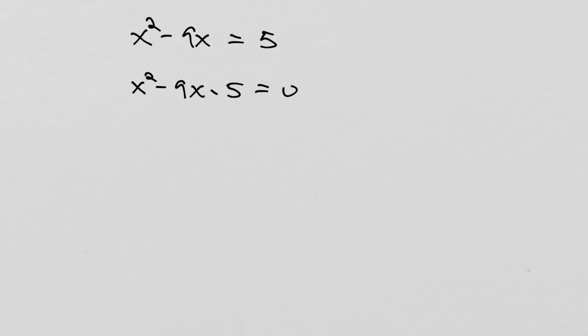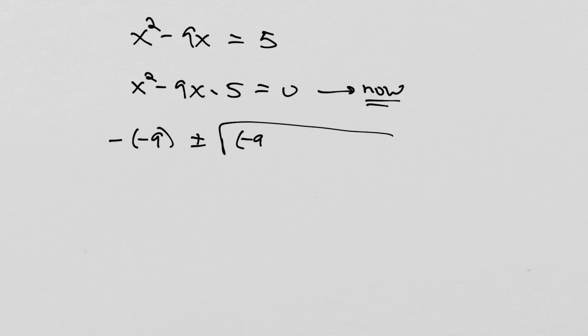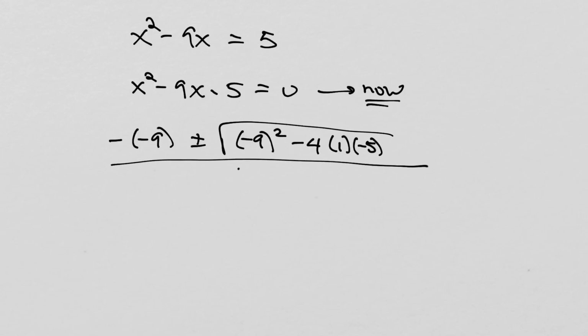Just for a couple other little reminders, if I gave you this one, x squared minus 9x equals 5, you can't use the quadratic formula on this until you bring everything over to one side. And then we can use the quadratic formula. So it'd be negative 9 plus or minus the square root of b squared minus 4 times a times c all over 2 times a, or 2 times 1.